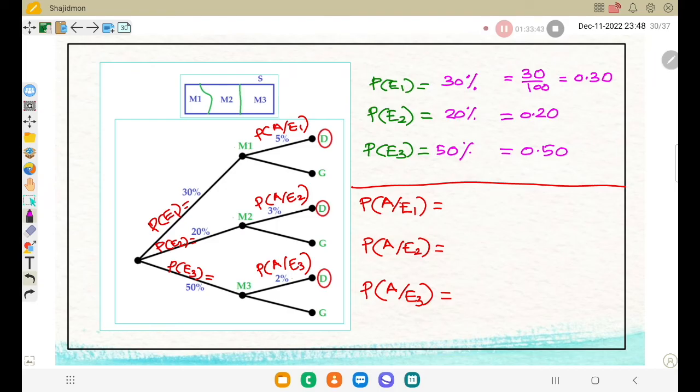That means the probability of a defective bolt from E1, from machine 1. How much percentage is it? 5%. From E2, how much percentage defective? 3%. E3, 2%. So 5% means 0.05, 3% means 0.03, 2% means 0.02.